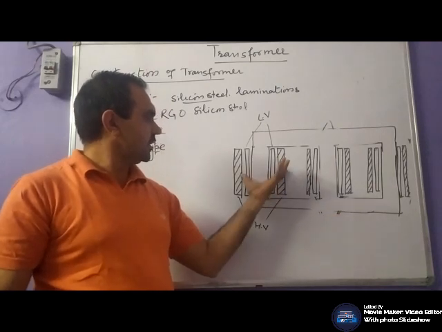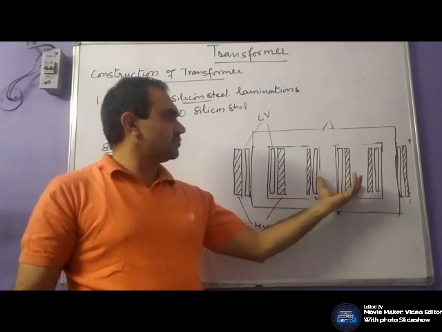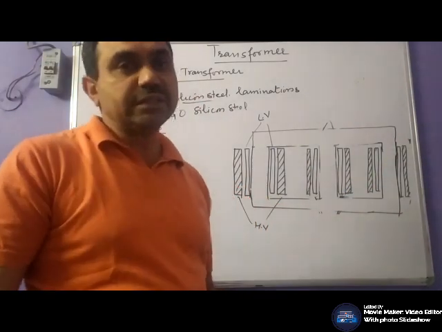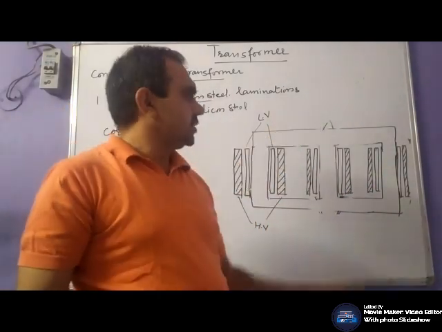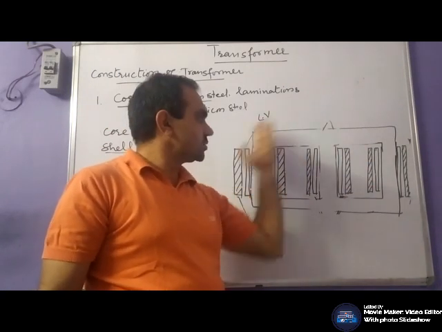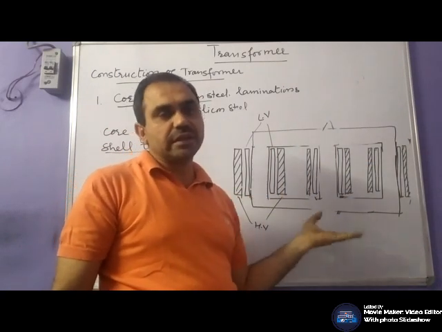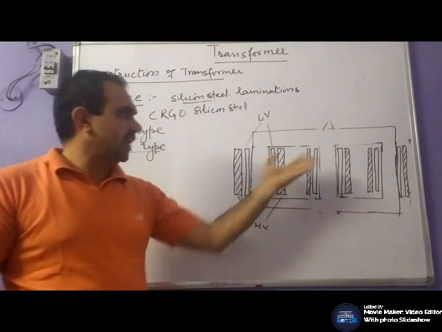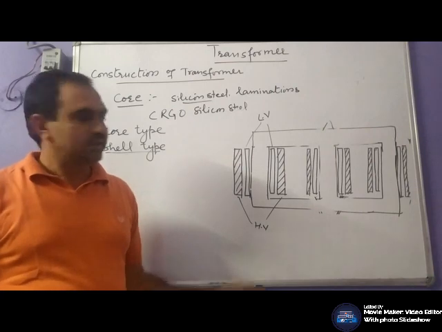Likewise, here your winding surrounds the core. So the single phase shell type configuration, with the same shape of the core, becomes a core type transformer in case of 3-phase winding. Because in a 3-phase transformer, 3 windings are to be placed.